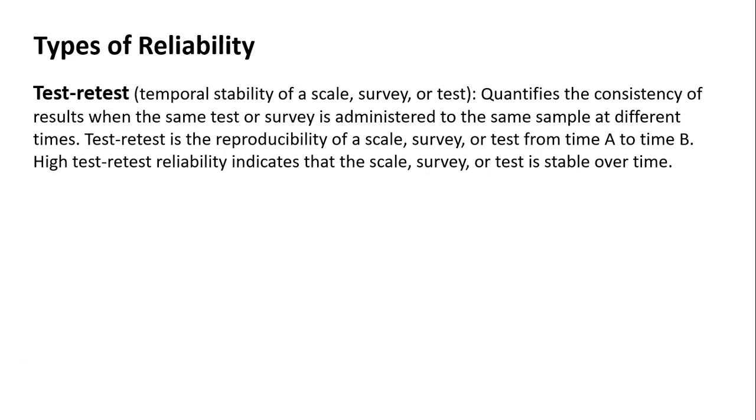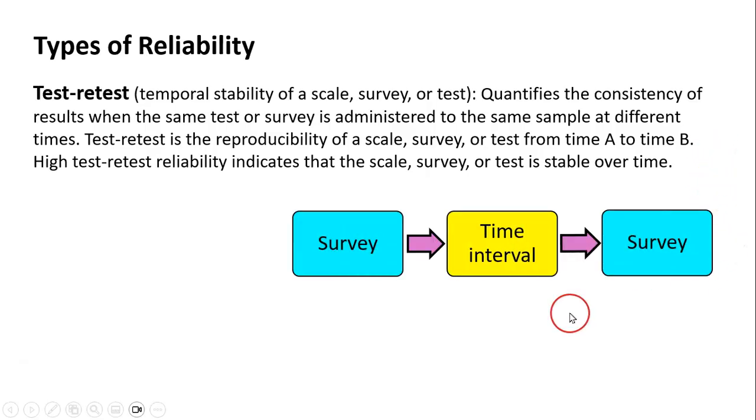Test-retest is the reproducibility of a scale, survey, or test from time A to time B. High test-retest reliability indicates that the scale, survey, or test is stable over time. And here's a diagram of that. So you would administer the survey at a certain point in time, then there's a time interval, and then that same survey or test would be administered to the same sample again.